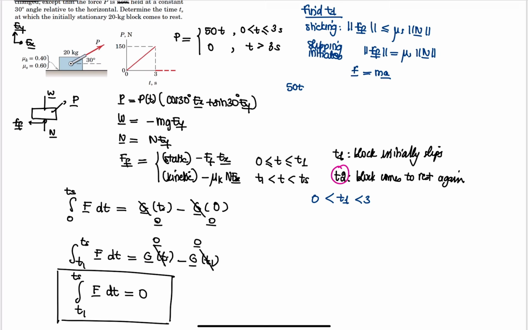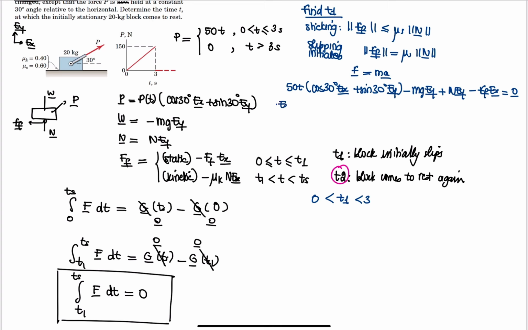Solving F equals ma, I get 50t cosine 30 degrees Ex plus sine 30 degrees Ey, minus mg Ey, plus N Ey, plus the friction force in this interval. What is the acceleration a? It is 0 because friction is still static. I haven't moved yet. I'm looking for the instant at which I'm about to slip, but I haven't slipped yet.